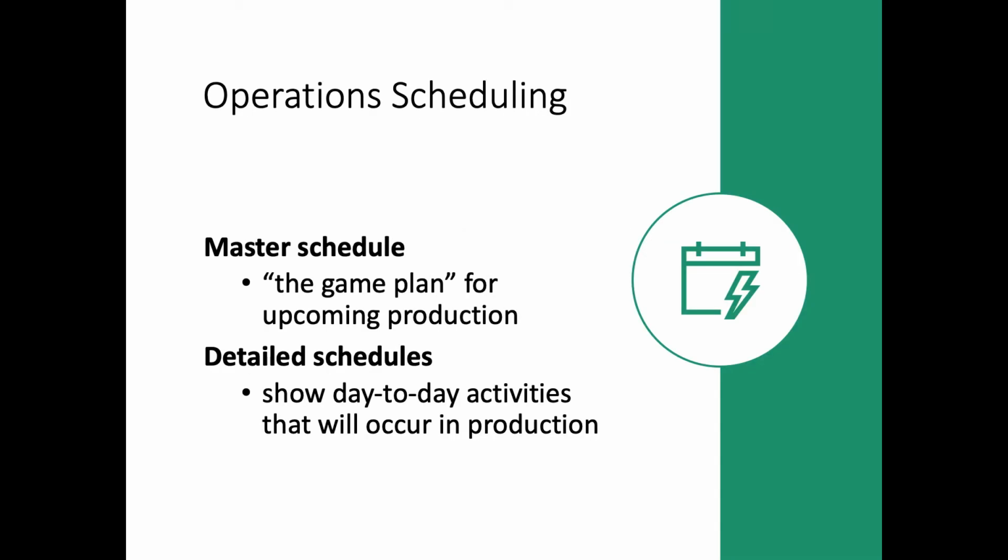So the first thing we take a look at when we think of operations scheduling is that operations works based upon a master schedule. The master schedule is the Big Daddy calendar, the game plan for all of upcoming production.